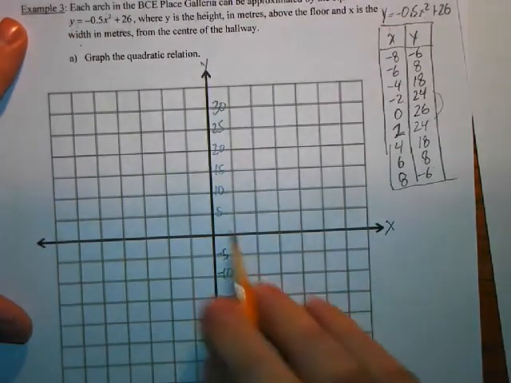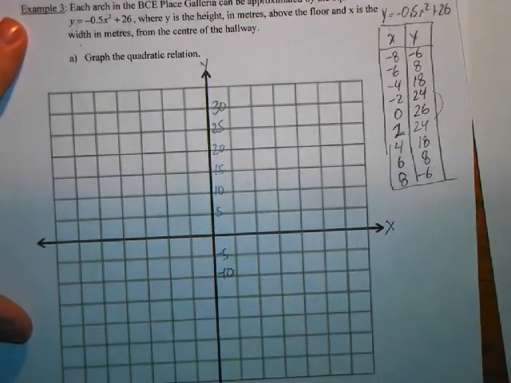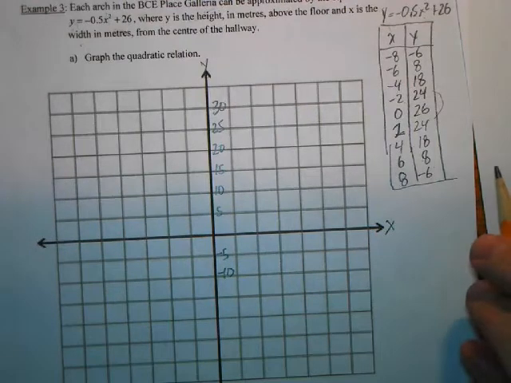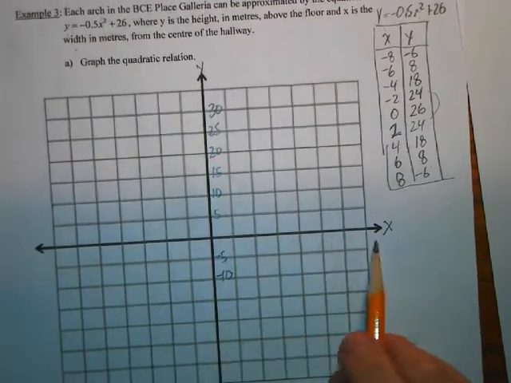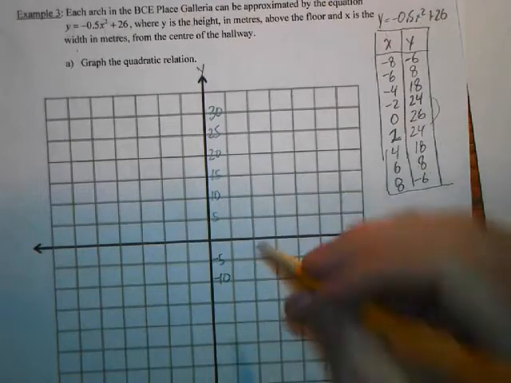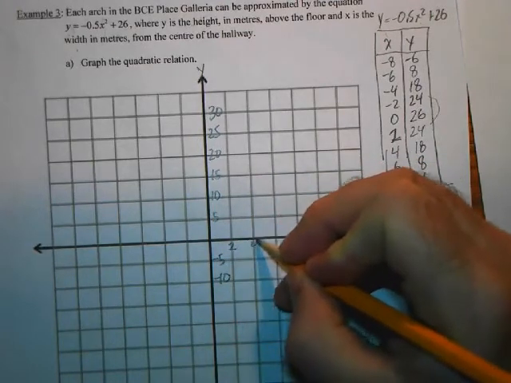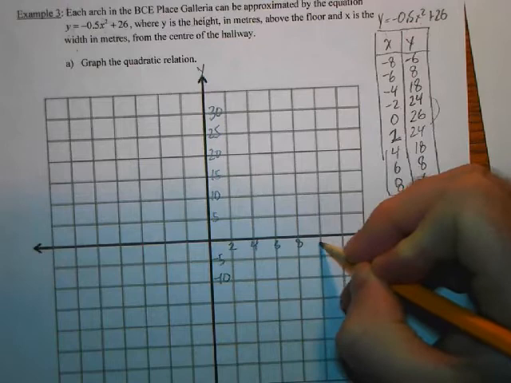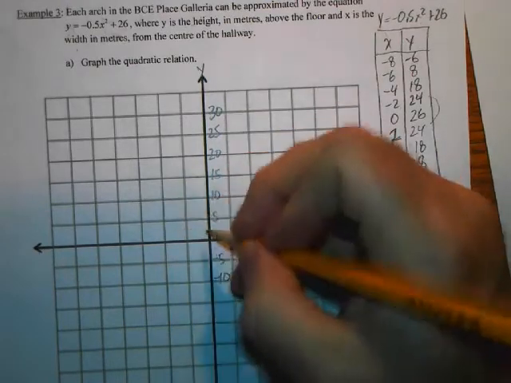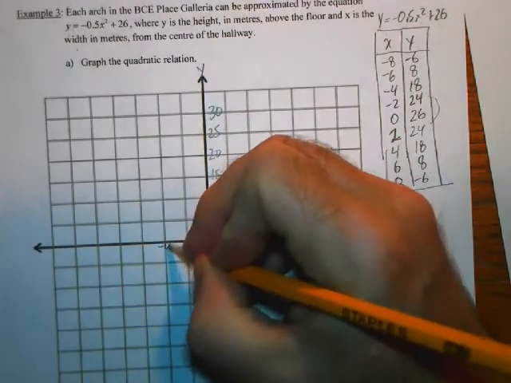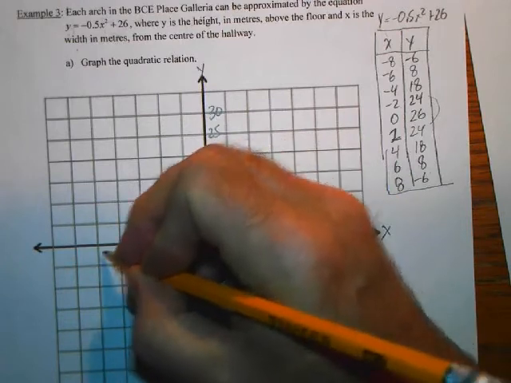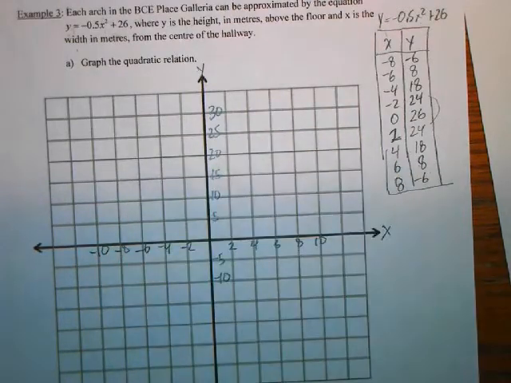And then for the x scale, remember I picked values between -8 and +8. I can't go up by 1s because I won't be able to fit everything on, but I'll go up by 2s. So 0, 2, 4, 6, 8, 10, and then negatives as well, -6, -8, -10. Okay, and now I'm going to plot my points.